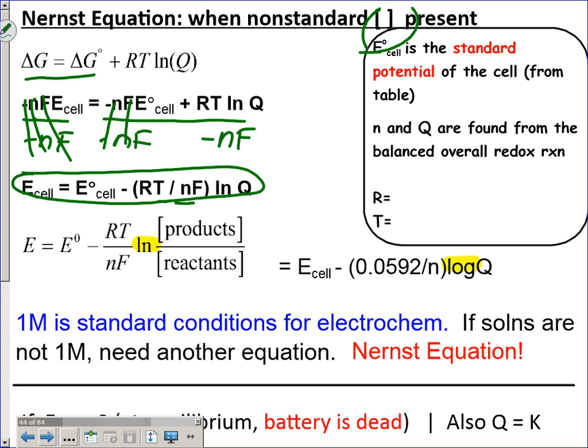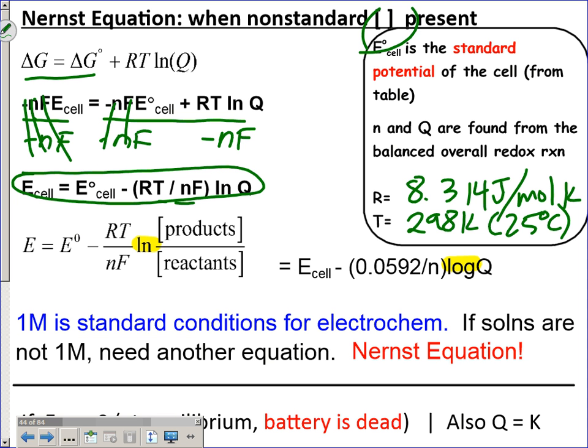So if you consider your R, 8.314 joules per mole K, and you have your temperature at 298 Kelvin or 25 degrees Celsius, and your F is Faraday's constant, you can lump those constants together, but when you lump them, they generally change ln back to log, and this is just the conditions that chemists have chosen.